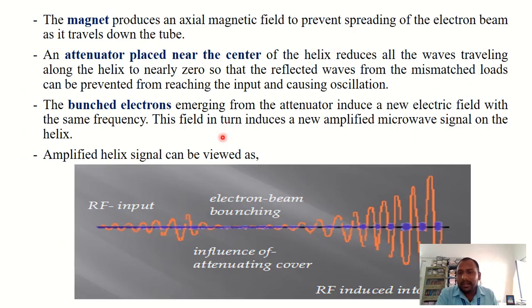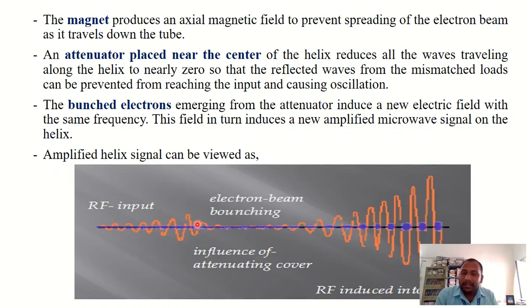See the diagram here. The blue line shows the electron beam, and this orange sinusoidal signal is what we are applying as the input. Both travel along the axis, but when they reach exactly the center, both become zero, meaning there is an attenuator in the structure. Due to the attenuator, the electron beam slows down.